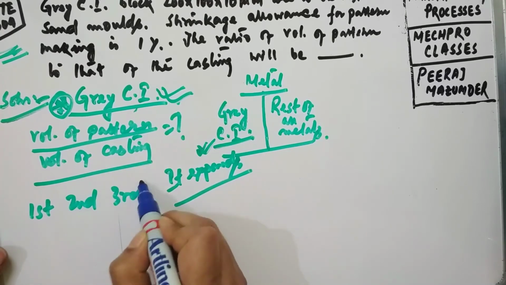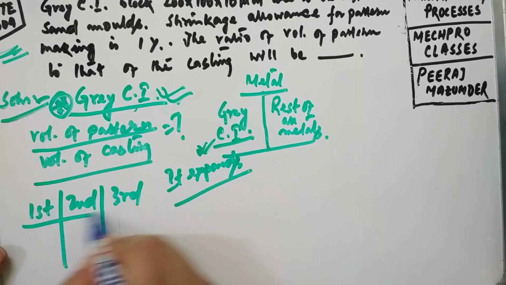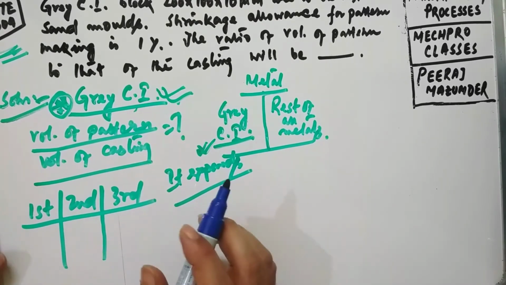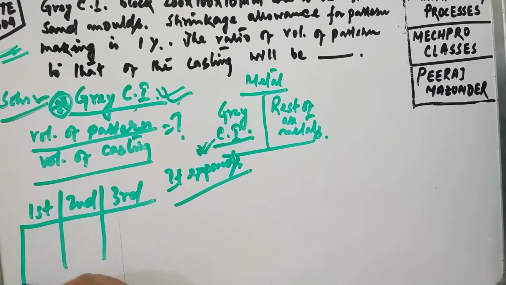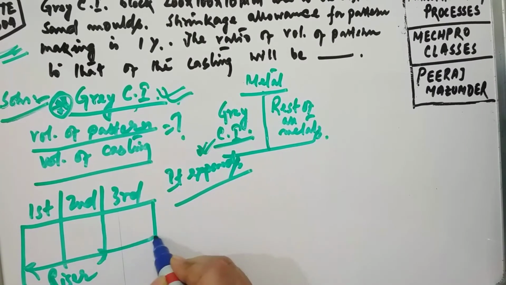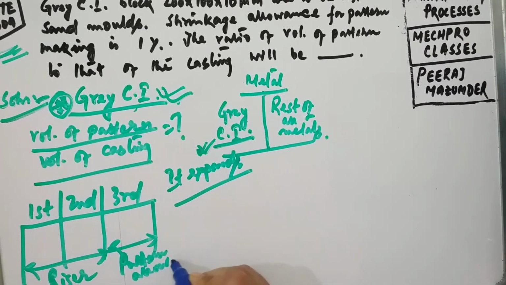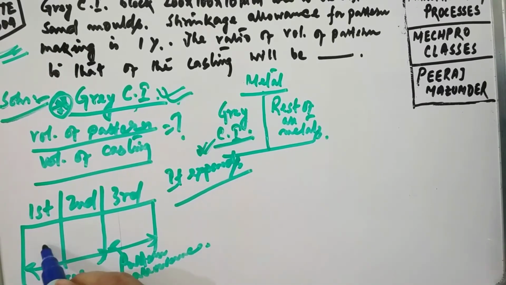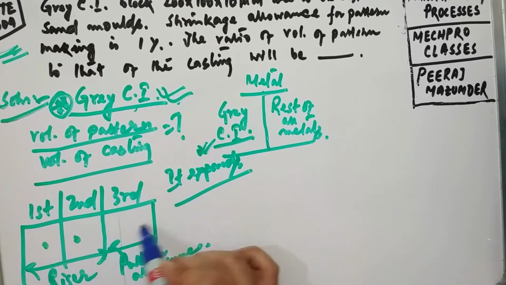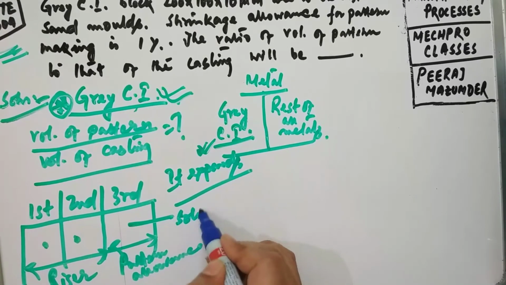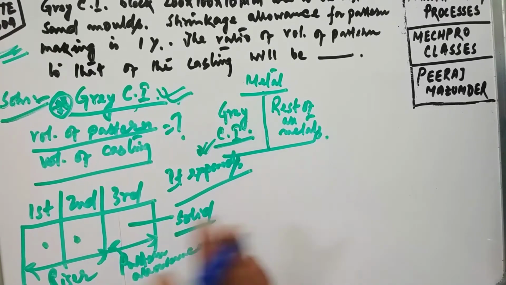The third part is given by the pattern allowance. So you can write this one as riser, and for the last one, you can write pattern allowance. You already know this one is the liquid shrinkage and this one is the solid shrinkage.